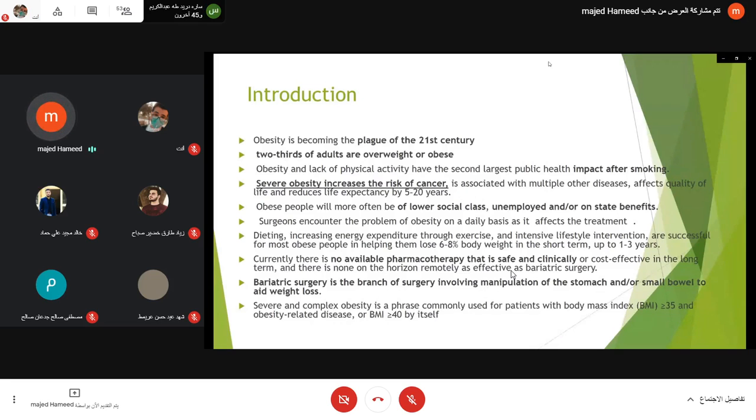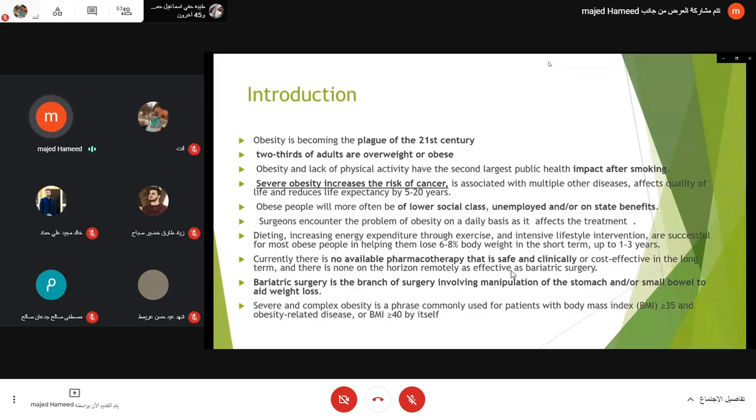Obese people will often be of lower social class. Dieting, increased energy expenditure through exercise, and intensive lifestyle intervention are successful for most obese people in helping them lose 6 to 8% of body weight.